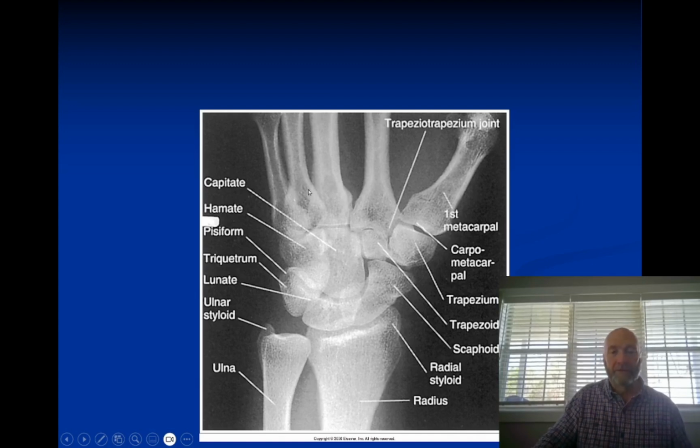Same thing applies. You can evaluate the superimposition of the medial side metacarpals, proximal metacarpals, and separation between the second and third metacarpal as well. So good oblique. If we obliqued any more, trapezium, trapezoid specifically would be projected onto the capitate.